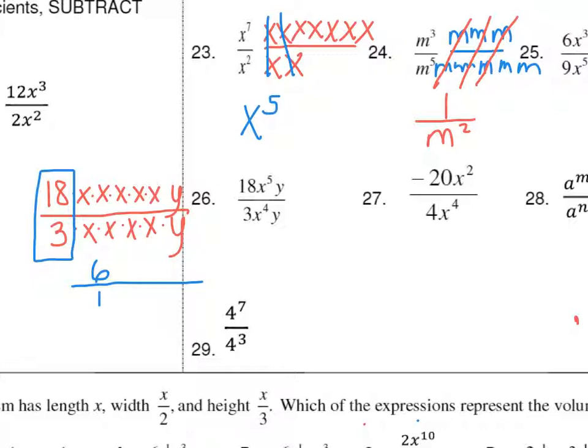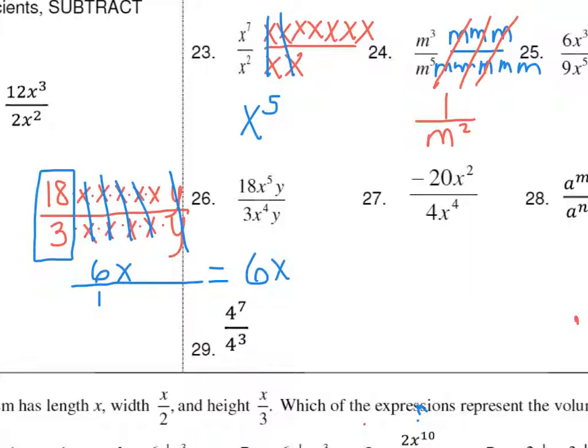That's how our 18 over 3 reduced. Now let's cancel out x's. We go 1, 2, 3, 4 sets of x's that'll cancel out, and I'm left with 1 x on the top. So let's put it there. And then my y's also cancel out. So really, I'm just left with 6x over 1, which can just be reduced to plain old 6x.